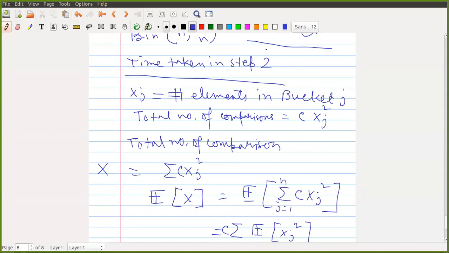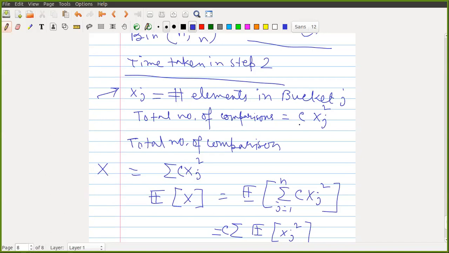And in step 2, inside a bucket, we are doing a brute force sorting, like bubble sort or insertion sort. Given an n element input, it takes order n squared, right? So inside a bucket, if the number of elements is xj, it will take order xj squared, so some c xj squared for some c, right?